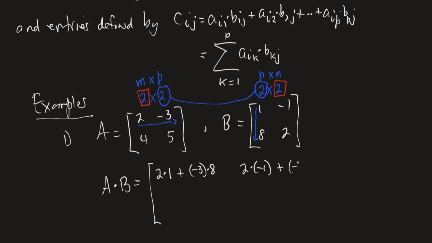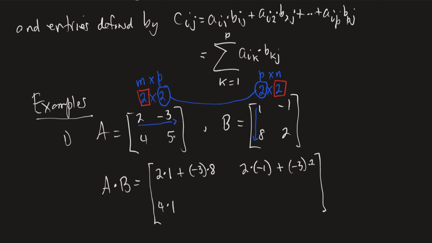Negative 3 times 2. And then that will close that bracket, right? Now let's switch to the second row. So it's first entry in the second row times the first entry in the first column. So 4 times 1.